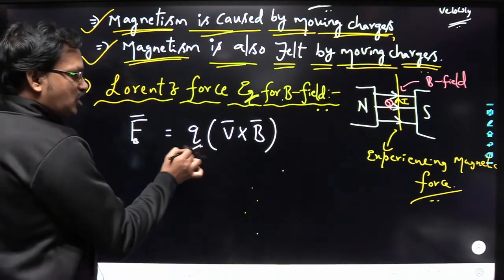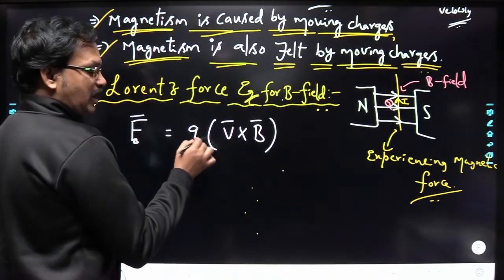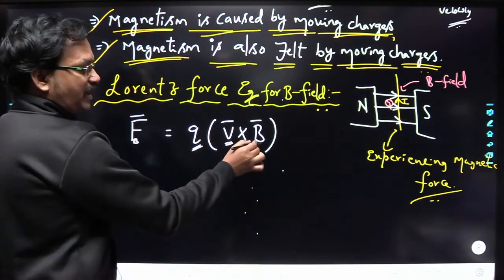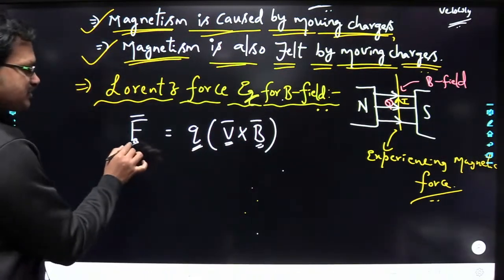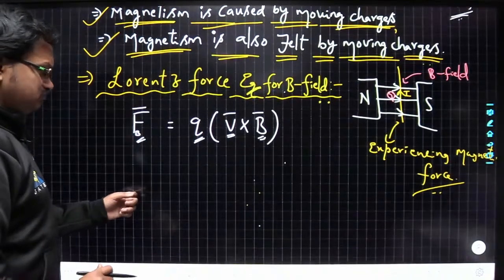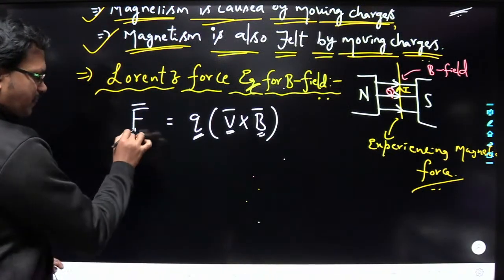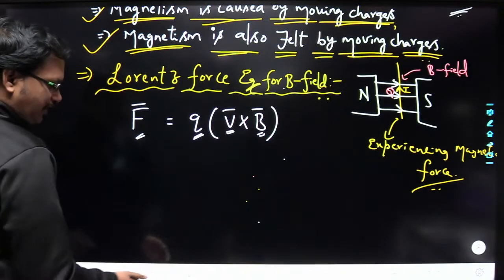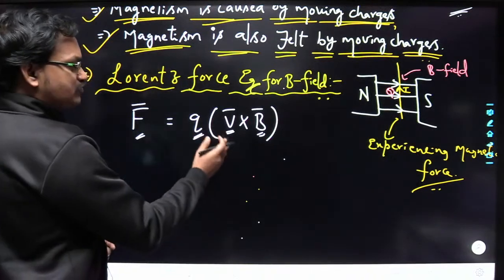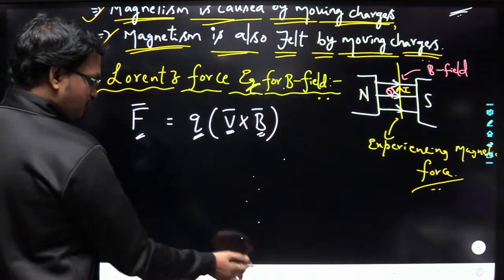Whenever you are having a charge Q moving with velocity V, kept in magnetic field B, it is going to experience a magnetic force F. This is the magnetic force here.